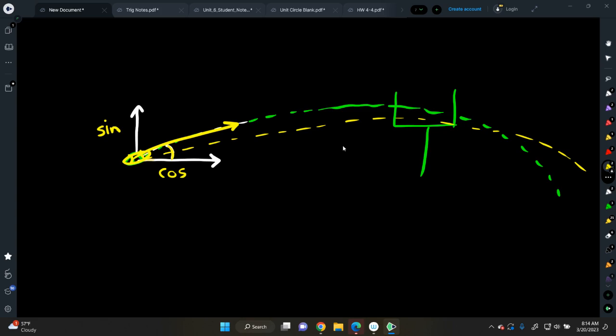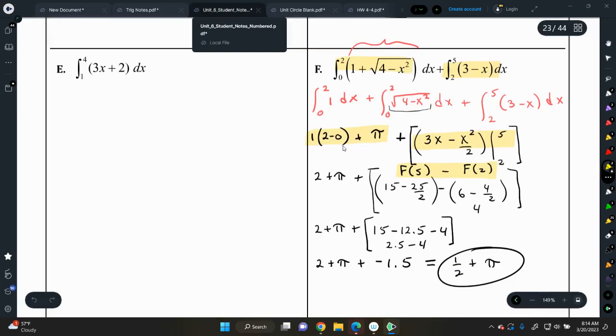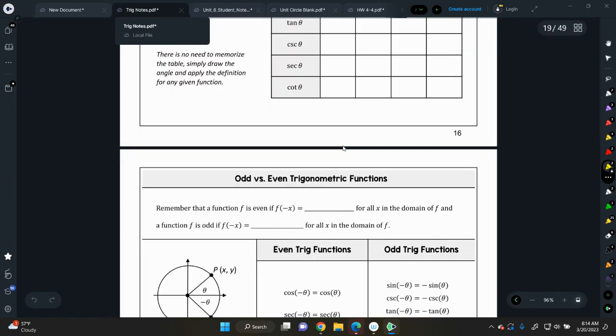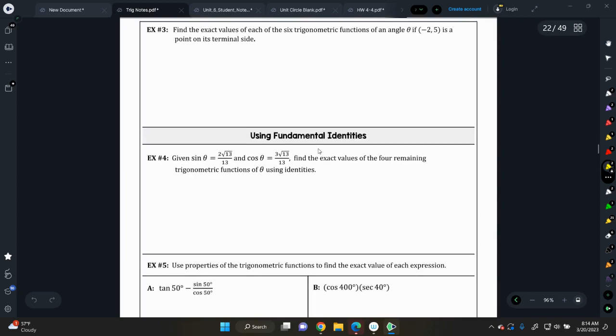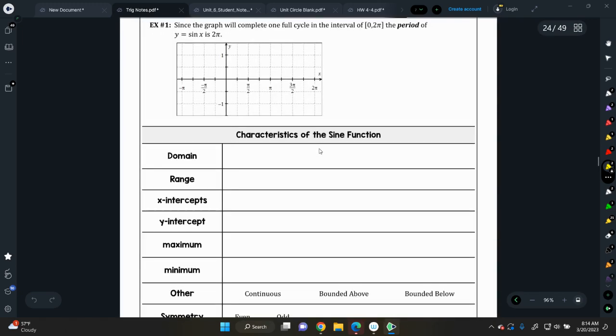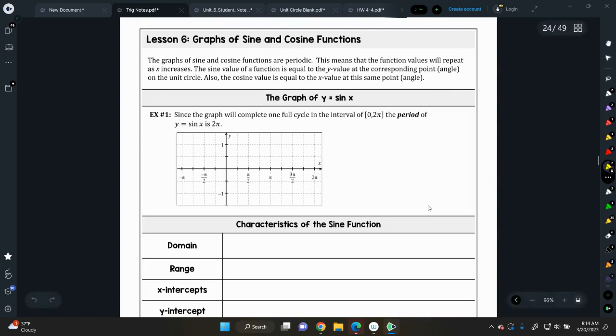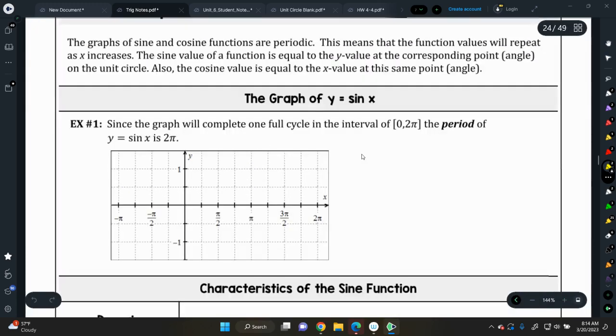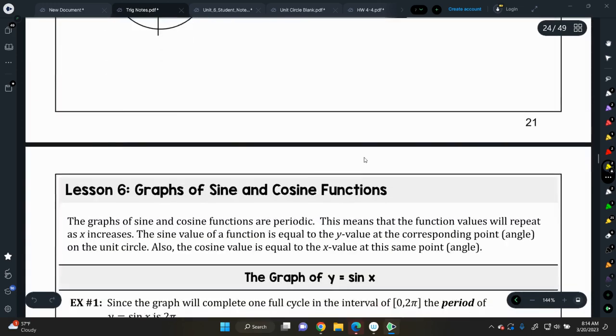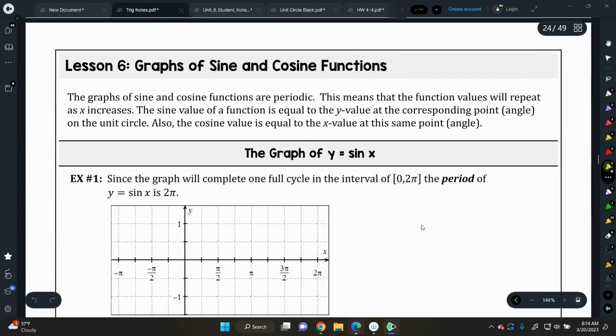Okay. So let's get back. You have some notes that we started before break. If I can get it to come up. There we go. Your trig notes. So let's take a look at that for a moment. I'm looking at page 22 of your trig notes.